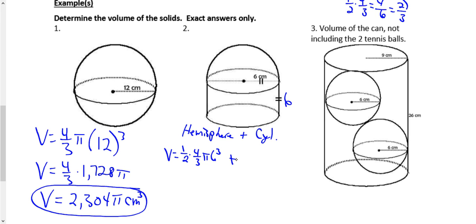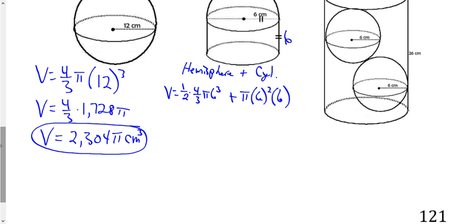So what's the formula for the volume of the cylinder? Pi r squared h. 6 squared times 6. So you get 216 pi plus 144 pi. What'd you say? 360 pi.